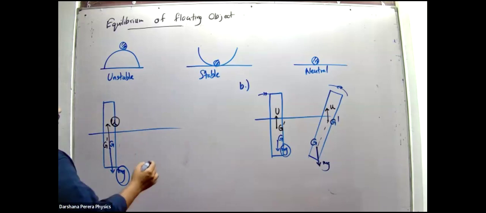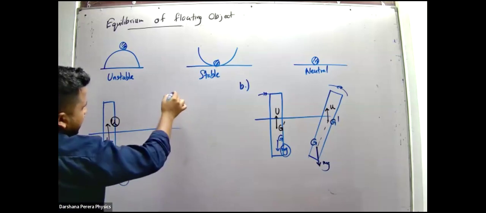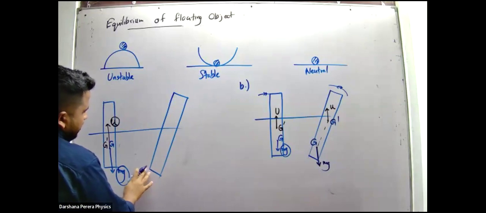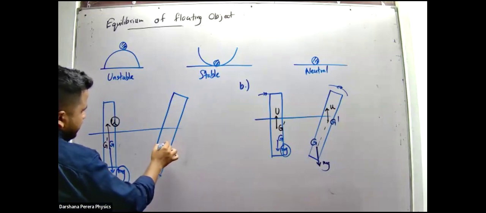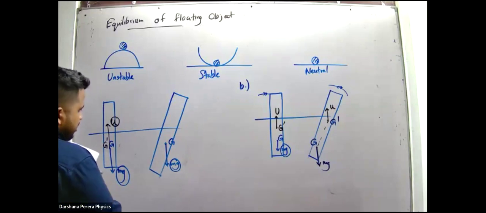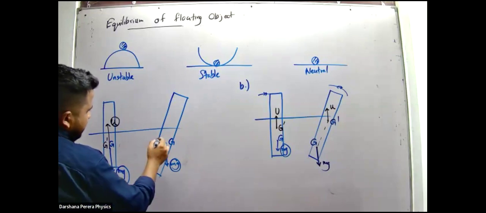If I give an angular displacement, it will create mg and the upthrust at G dash.